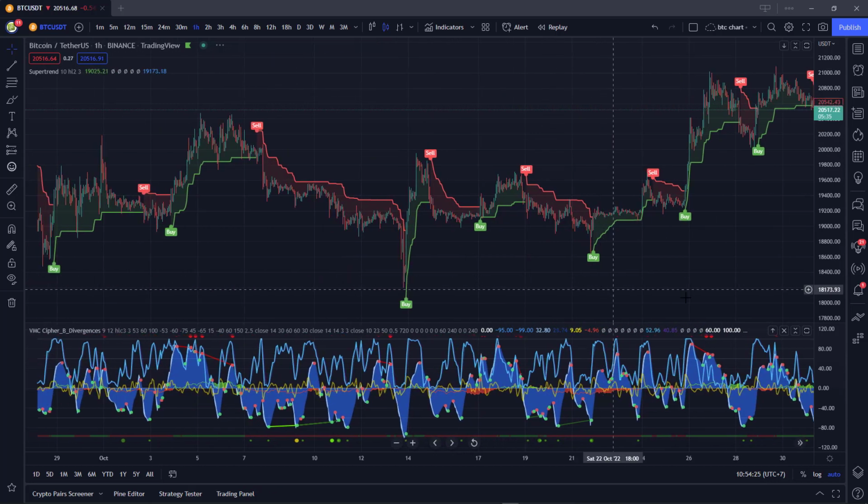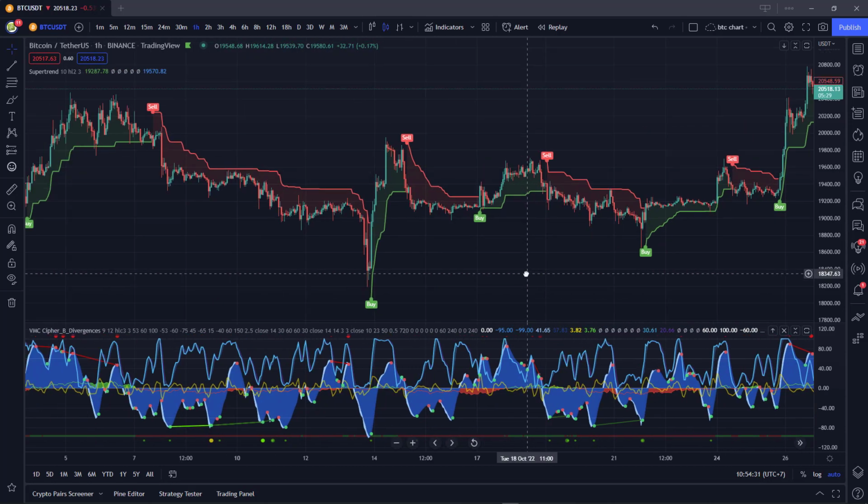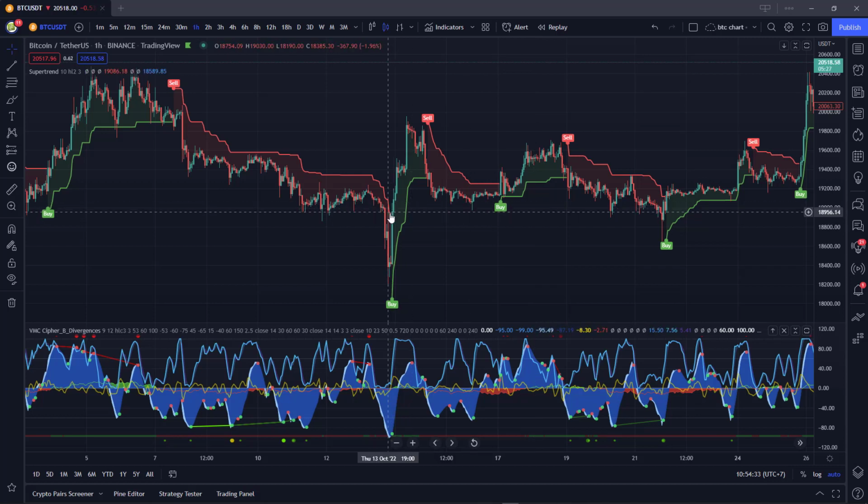But let's have a look from this one here up to where we are now. Obviously you see the red line comes down, and once this candle gets up above that red line, that is your buy trigger signal.